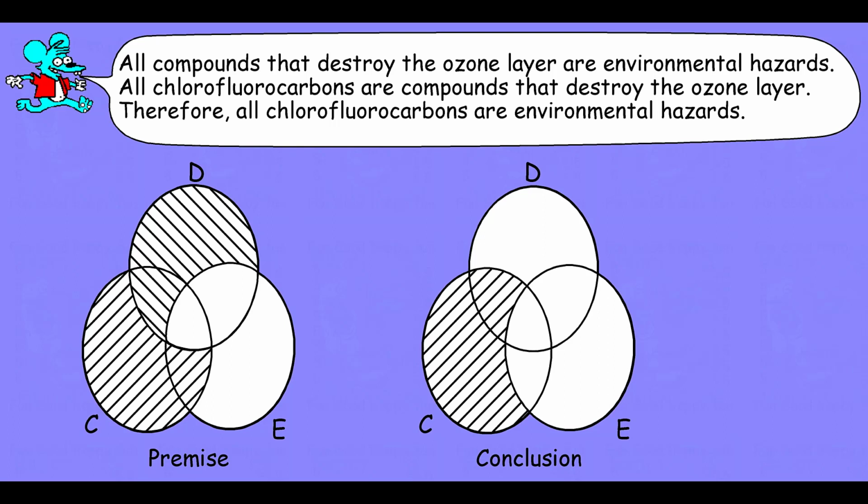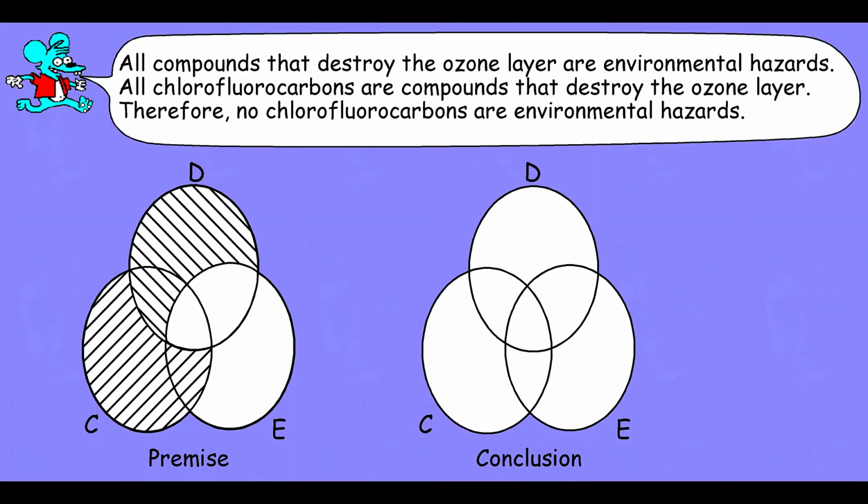I look over at my premise diagram, and if the premises are true, both of those areas that are in C but outside of E are in fact guaranteed to be empty in making those two premises true. Therefore, if the premises are true, the conclusion has to be true as well. And so this argument is valid in Boolean logic, and because it's valid in Boolean logic, it's also valid in Aristotelian logic.